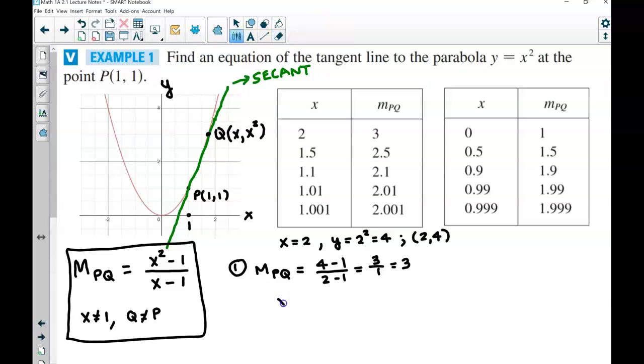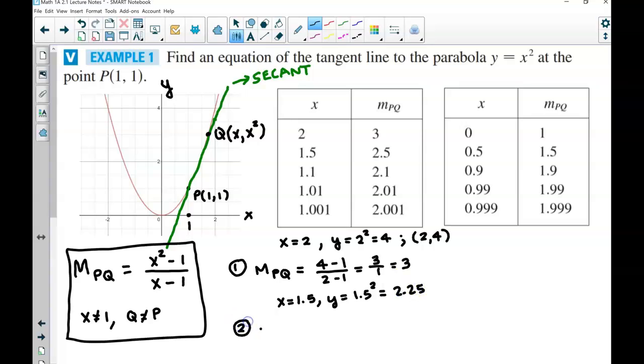If we choose x to equal 1.5, then when we substitute 1.5 in for x and square it, it's going to give us a value of 2.25. So now, to find this slope, we're going to use those points.